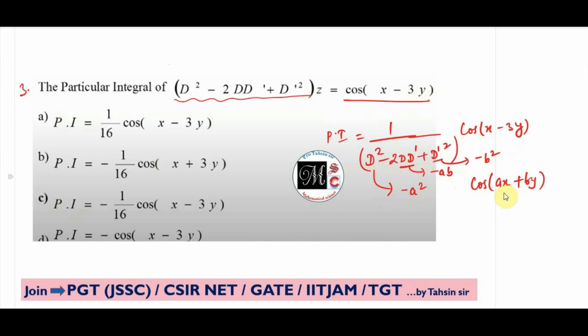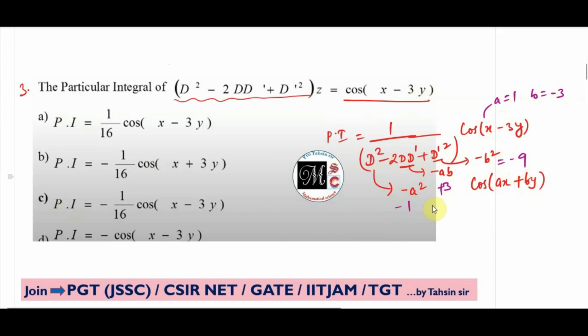Here if we compare, we get a equal to 1 and b equal to minus 3. So D square is replaced by minus 1, DD dash is replaced by plus 3, and D dash square is replaced by minus 3 square, which is minus 9.